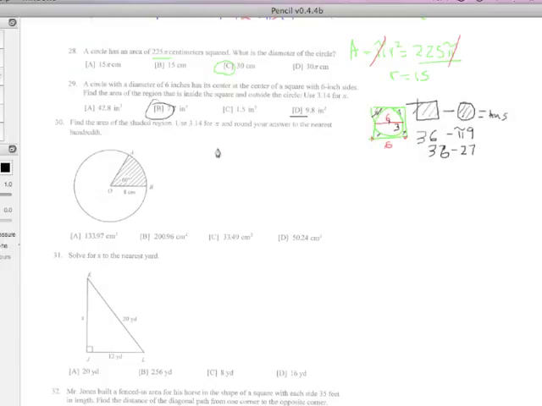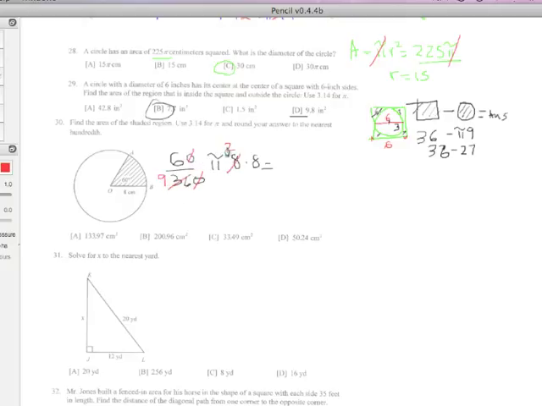Find the area of the shaded region, and I like to think this is 63/60ths of the circle, and the circle has an area of pi r squared, which is pi times 8 squared. So let me write 8 times 8. So let's do some canceling. Before we run to our calculator, divide top and bottom by 10. 4 goes into 8 2 times, and 4 goes into 36 9 times.